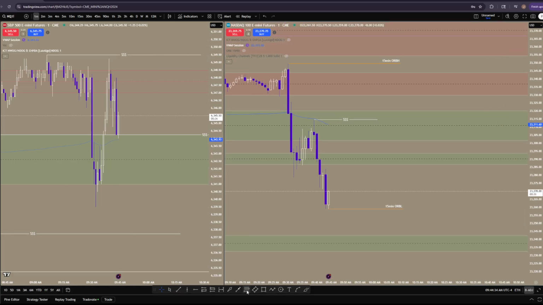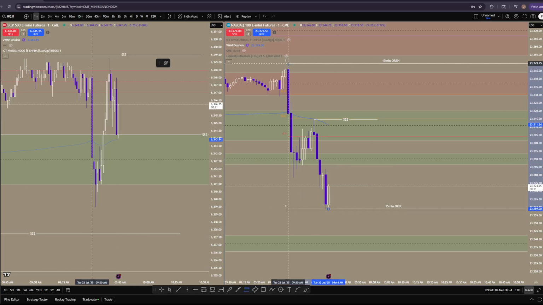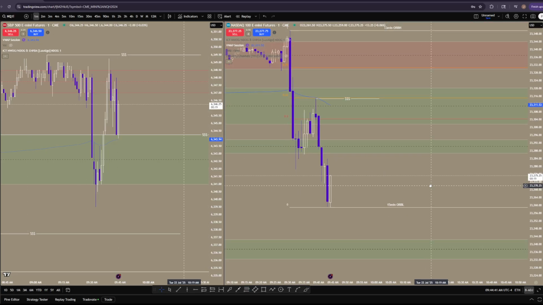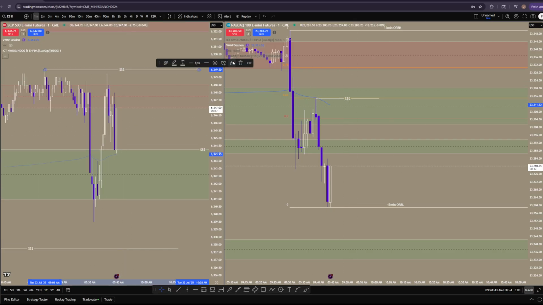Let's grab our Fibonacci from the low to the high here. 50% right around here at that 5-minute fair value gap.